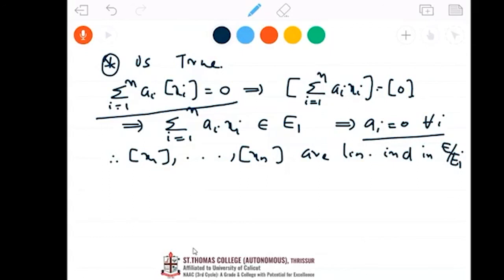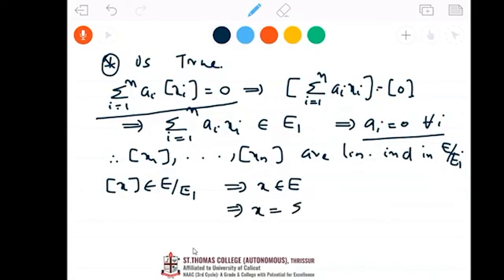Suppose class X is in E over E1. Then we know that this X is an element of E. And by our assumption star, this X can be expressed as the summation over i equal to 1 to n of ai xi plus y, where the ai's are scalars and y is an element of E1. If X can be expressed in this way, what about class of X?